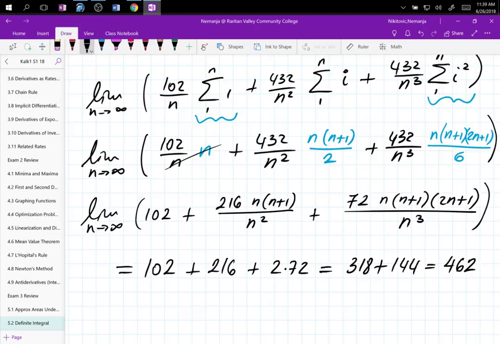We only care about the front term, because the front term is the only one that survives. The rest, no one cares, because they're all 0 as n goes to infinity. Anytime you have the denominator with a higher exponent than the numerator, everything else cancels. So this n cancel gives us 102, and there's the calculation. So the exact area under the curve is 462.